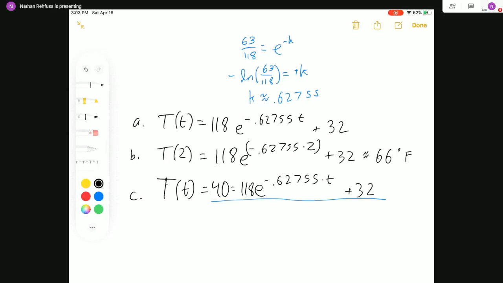I'll subtract 32 from both sides. Divide by 118. You've seen these steps a million times at this point. I'll take the natural log.